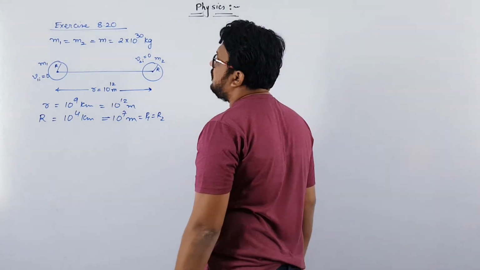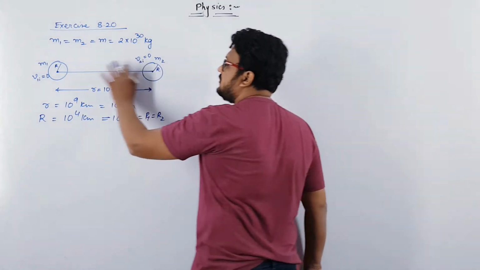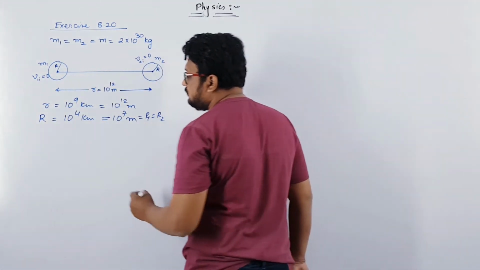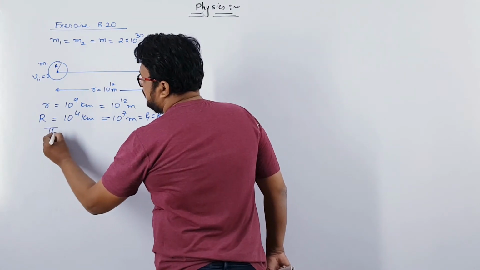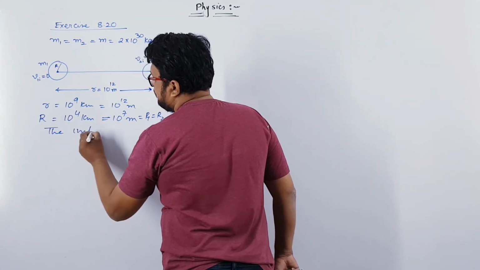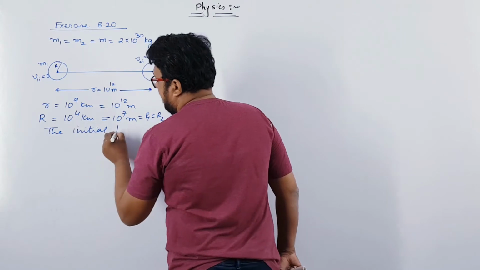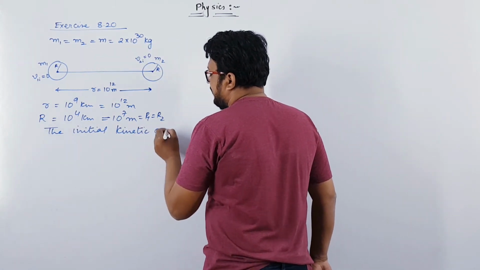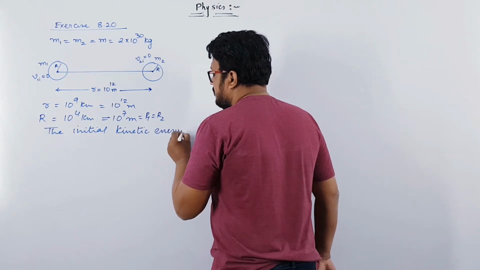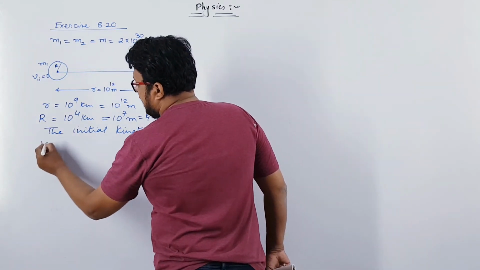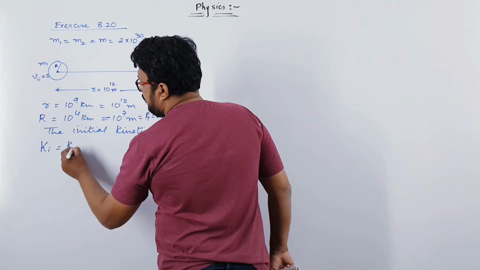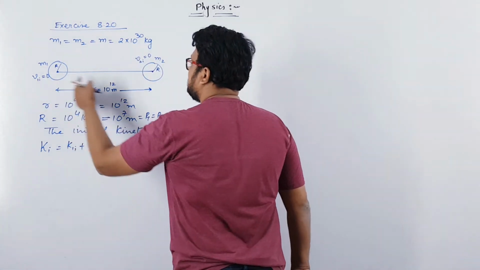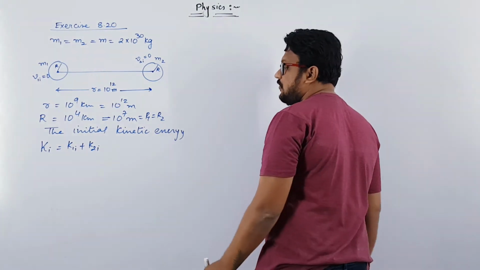First of all, we are going to find the total energy of this system when they are at a separation of r. So the initial energy, the initial kinetic energy, let us find first. Initial kinetic energy Ki will be equal to K1i plus K2i, the initial kinetic energy of first star and initial kinetic energy of second star.